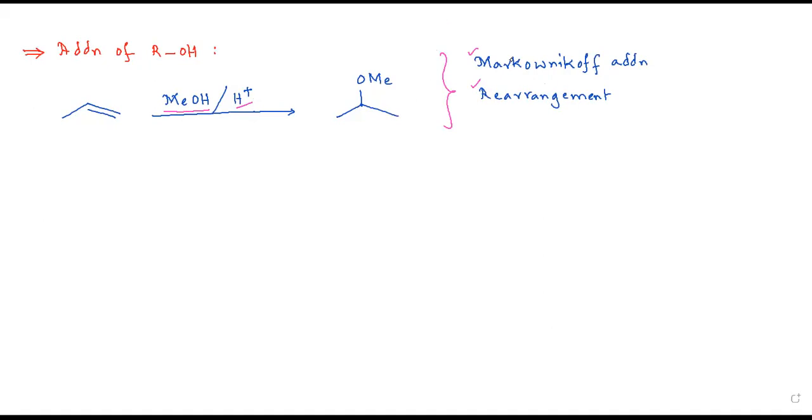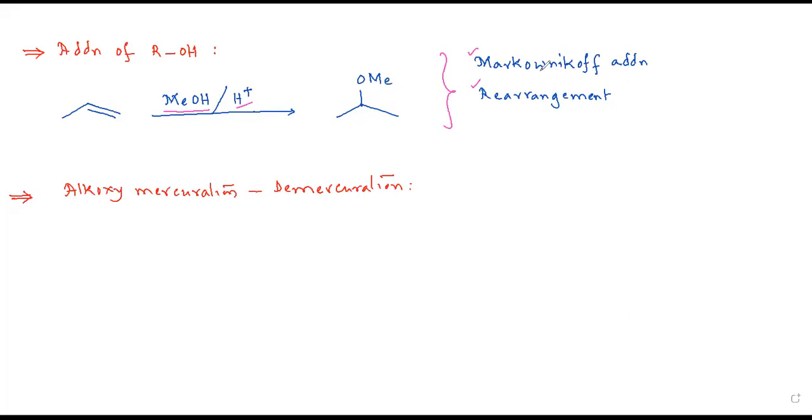Now, just like oxymercuration, demercuration, there is something called alkoxymercuration, demercuration. Even this also is a preparation method of ether, just like the previous one.